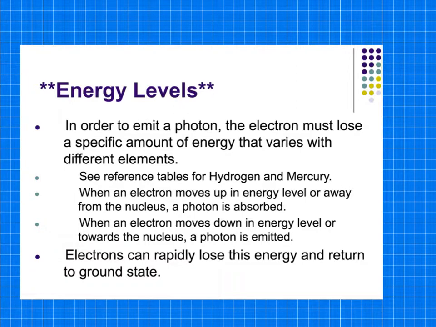So we've already talked about energy levels in terms of changes in energy and frequencies associated with those emissions and absorptions. However, we didn't talk about why or how. In order to emit light, an electron must lose a specific amount of energy.